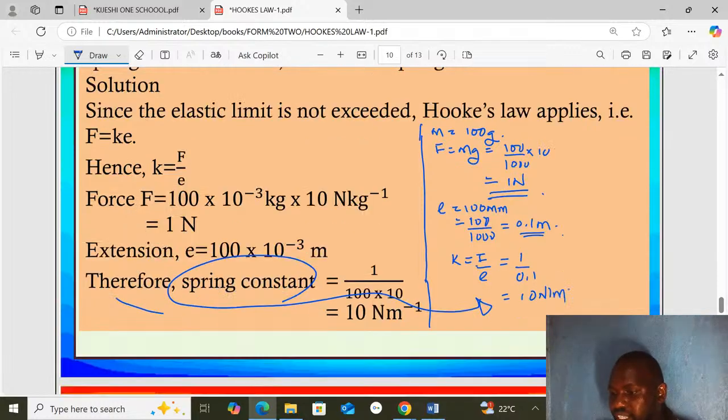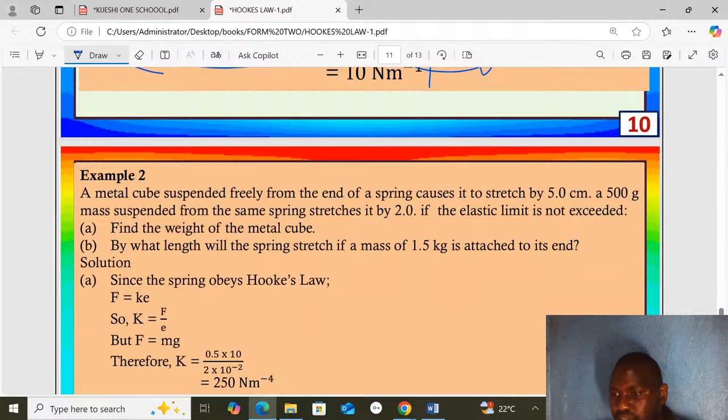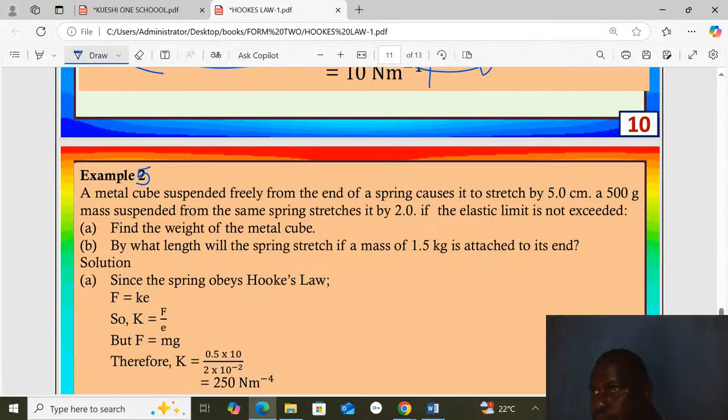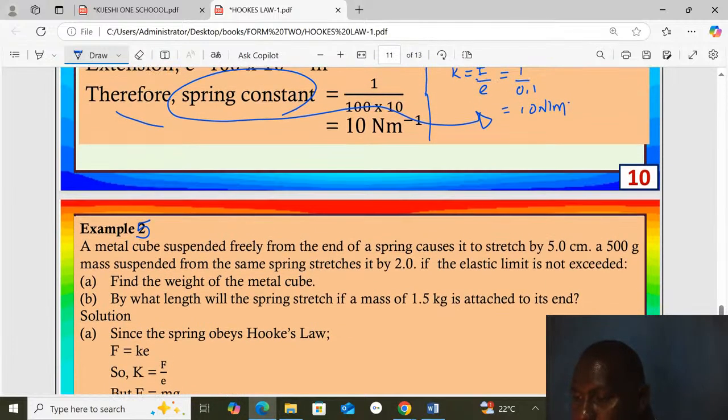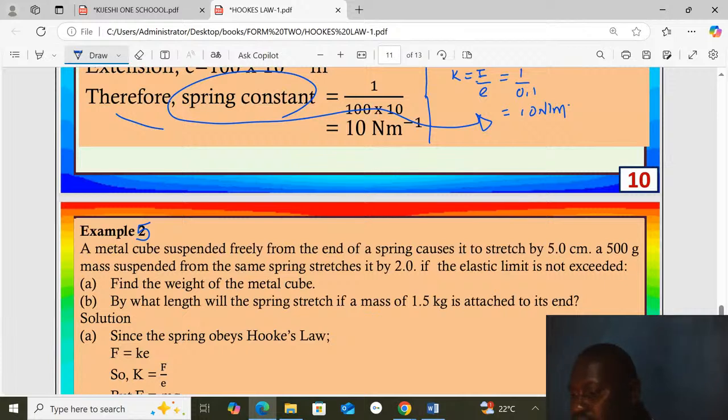We still have another question. We may call it example 5 for this case. A metal cube suspended freely from the end of a spring causes it to stretch by 5 centimeters.